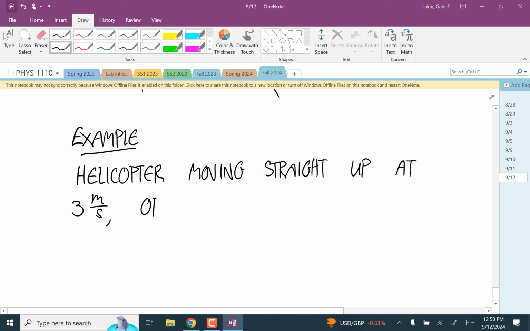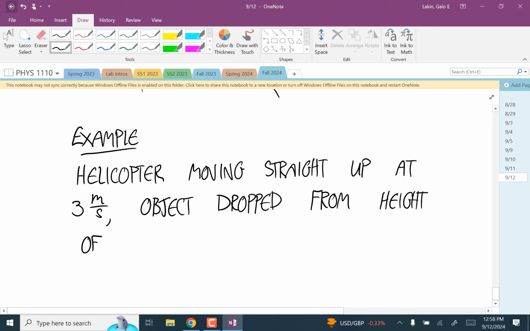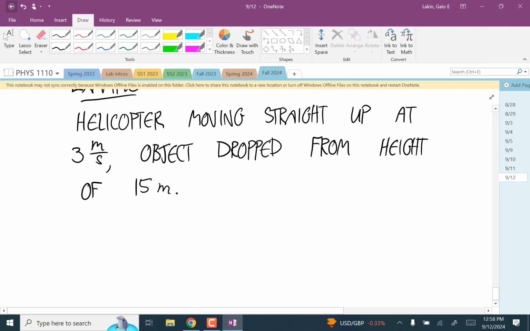And an object is dropped from the helicopter from a height of 15 meters. What's the velocity of the object when it reaches the ground level?